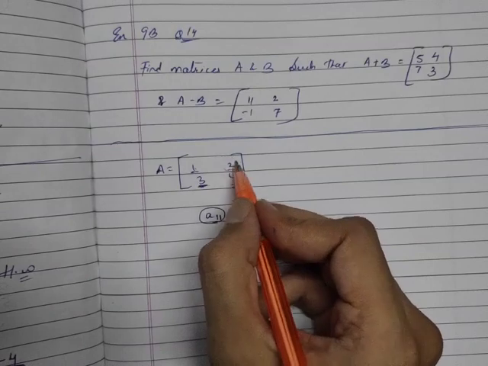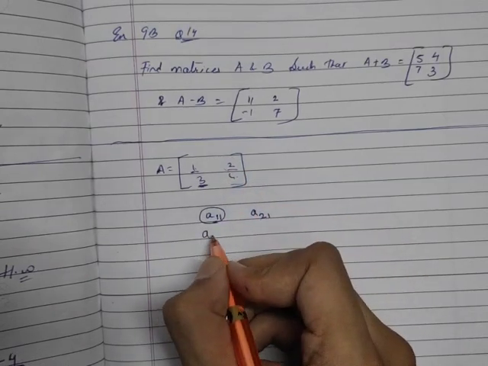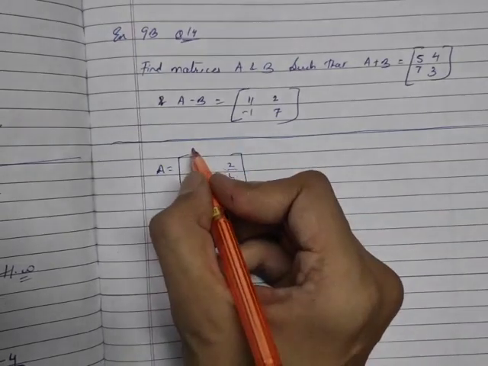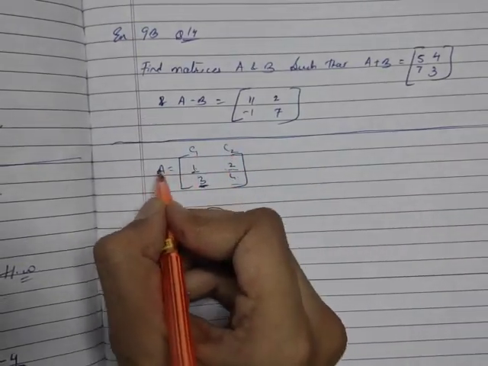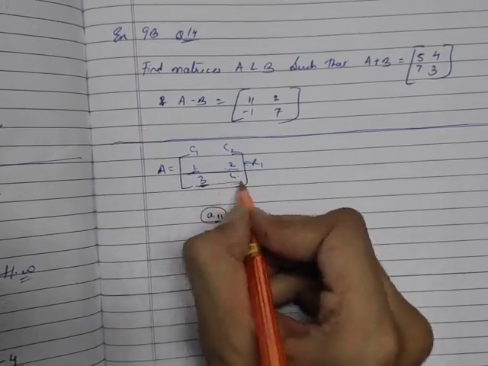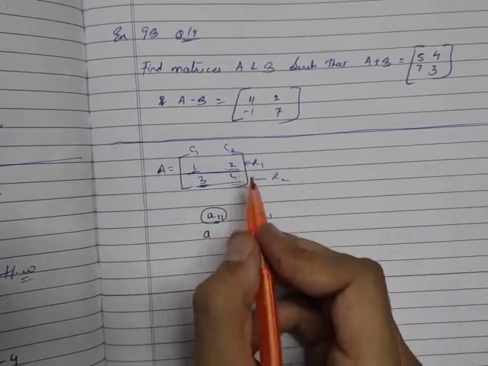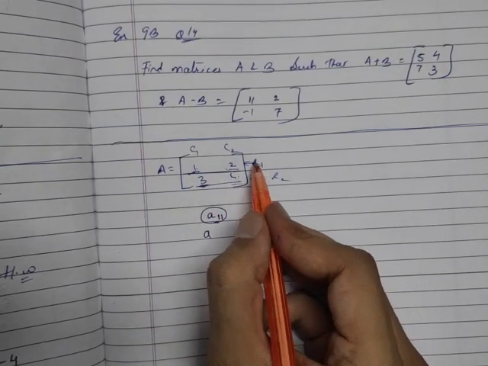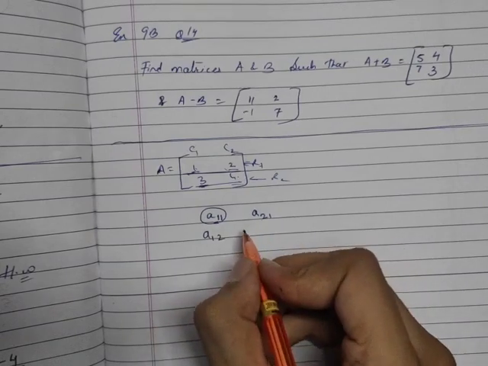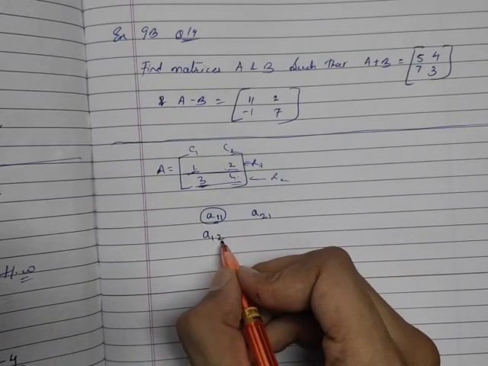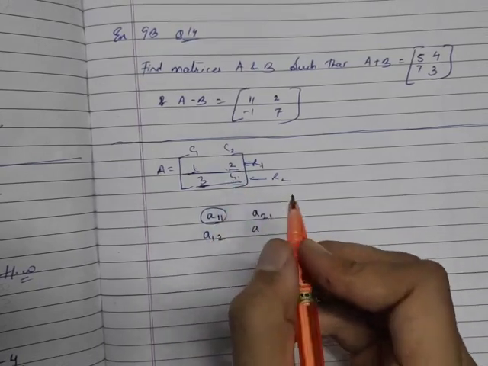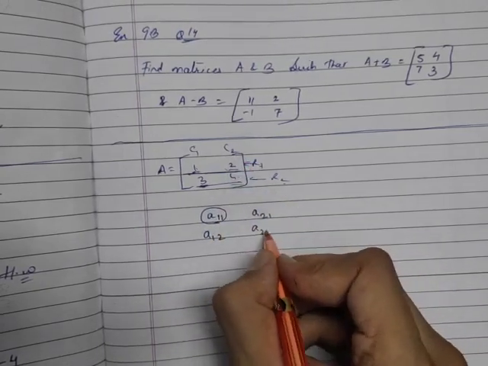Similarly, if I go for this number, I would call it A. Now this belongs to first row, second column. Check it out. This is column 1, column 2. And this entire is row 1 and this entire is row 2. So now this element 2 is in row 1, column 2. So I would say 1, 2, because always the row has to be written first, column later. And the last thing, obviously this 4 is at second row, second column, A22.